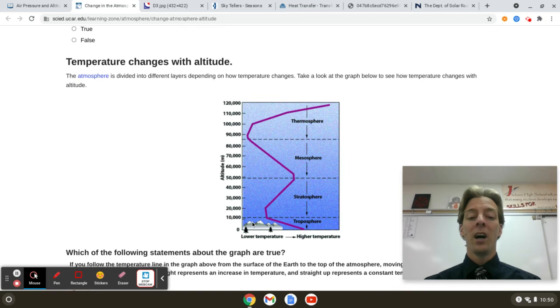By the way, this is in meters, so 10,000 meters is 10 kilometers. This is 30,000 feet, the height a 767 flies at. So airplanes fly right about the height of Everest. It's not a bad estimate.